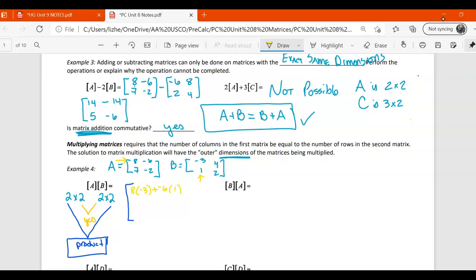And then I'm going to do the top row times the second column. So 8 times 4 plus -6 times 2.